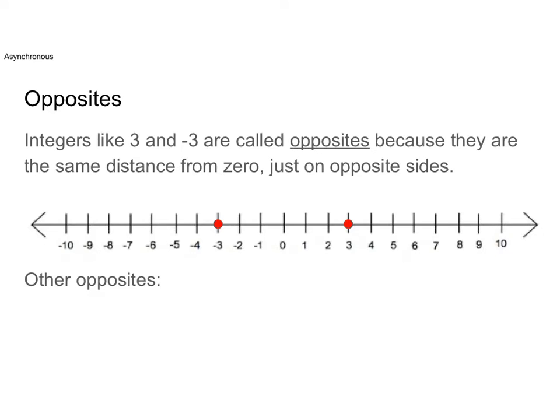The distance from here to here is 3, and the distance from here to here is 3. These are called opposites. Other opposites would be like -6 and 6, or -10 and 10. These are opposites.